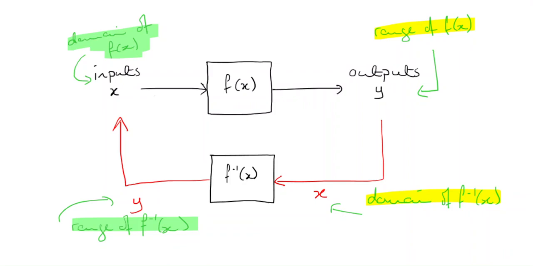Okay, so to clarify, the domain of an inverse function is the same as the range of the original function, and the range of the inverse function should be the same as the domain of the original function. So range and domain basically switch.